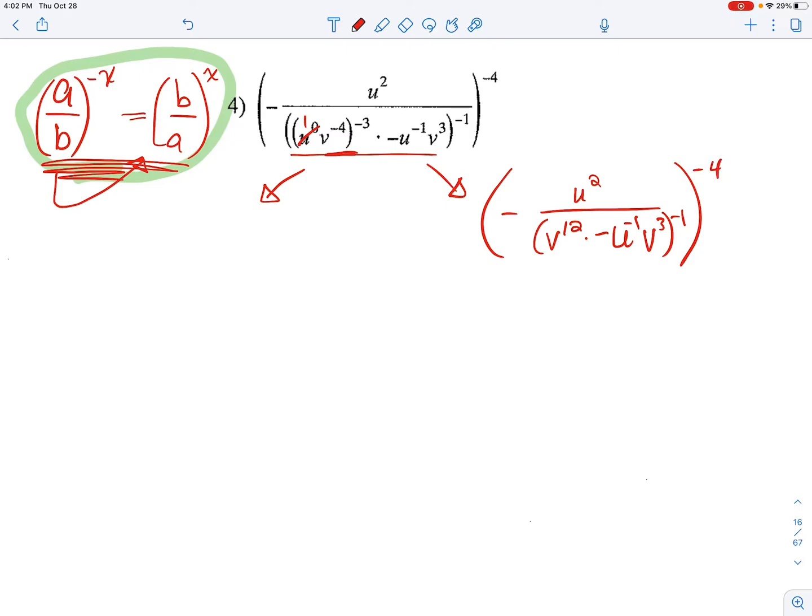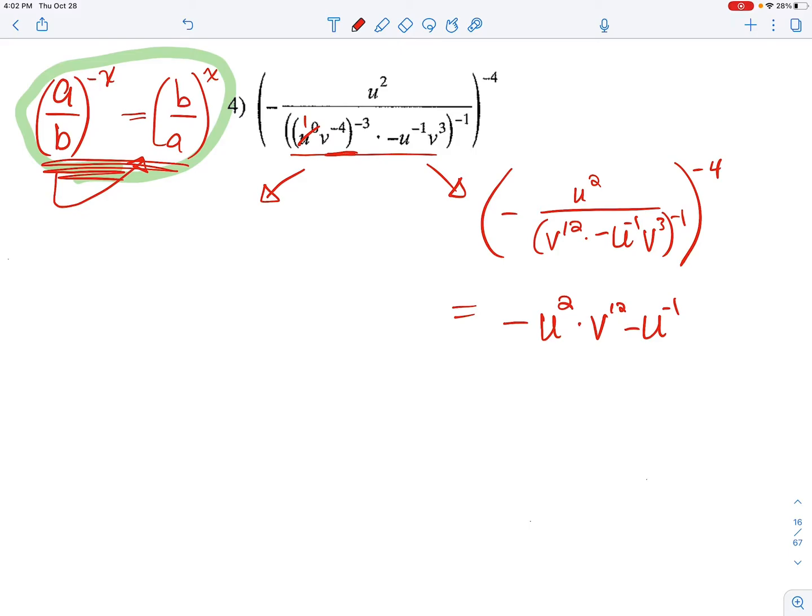There's step 1. Next, I'm going to take this piece here, which is all in parentheses to the negative 1 power. I'm going to switch it up to the numerator. So I'm going to put an equal sign here, and now we're looking at negative u squared, and now what's in parentheses? I'm just going to multiply without parentheses now, v to the 12th, negative u to the negative first.